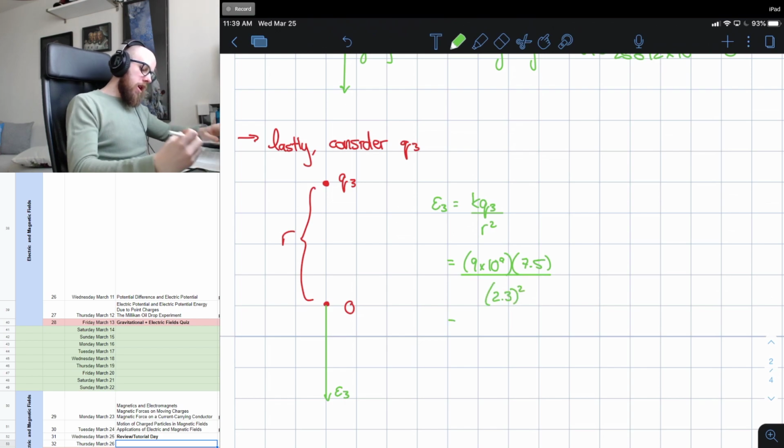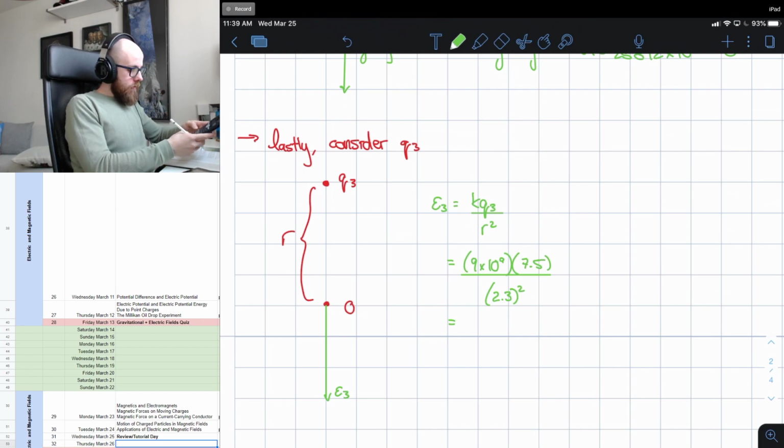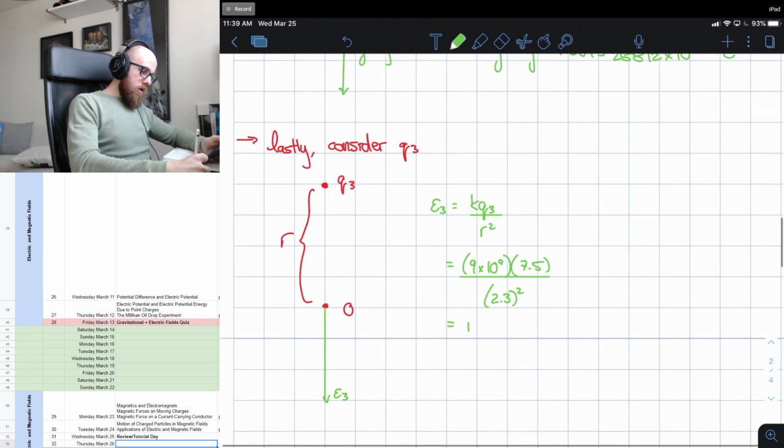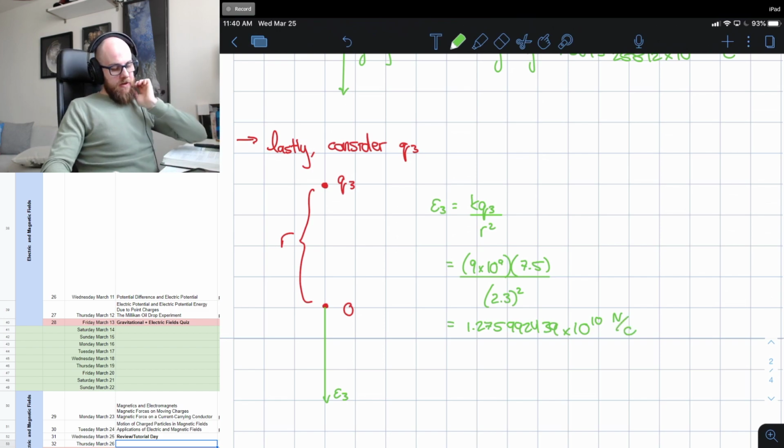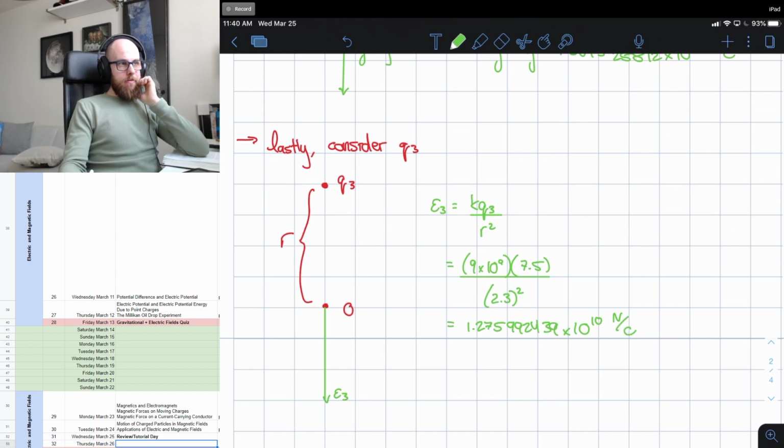Okay, and that's going to be equal to, Newton per Coulomb, so about 1.27 times 10 to the 10 Newton per Coulomb.